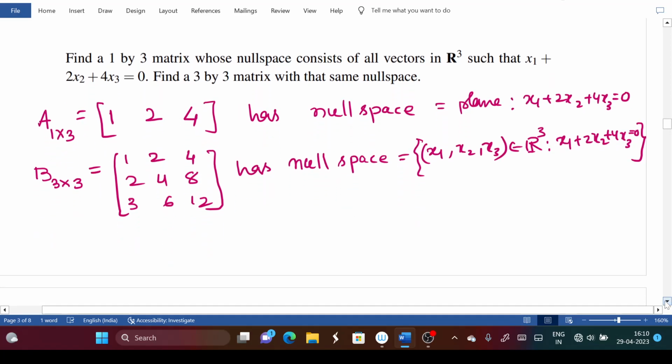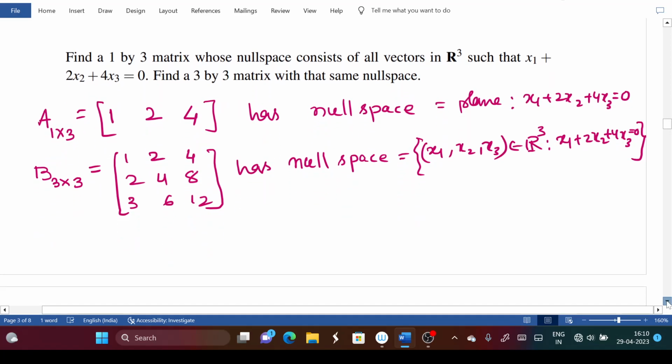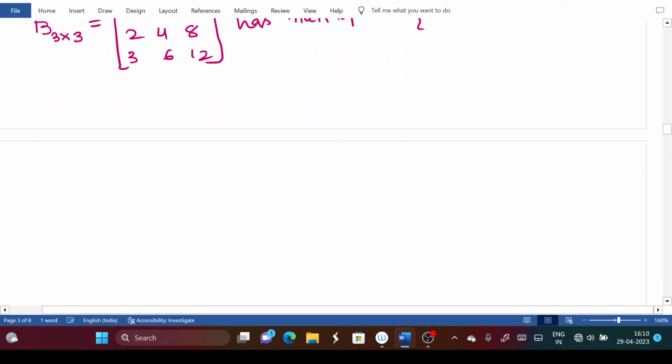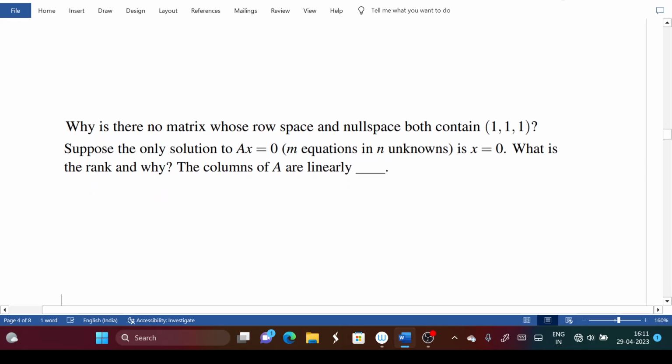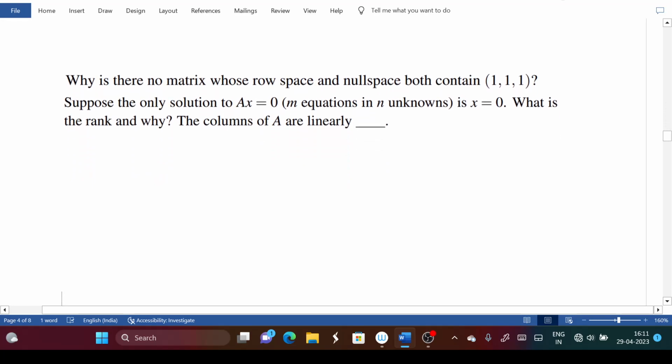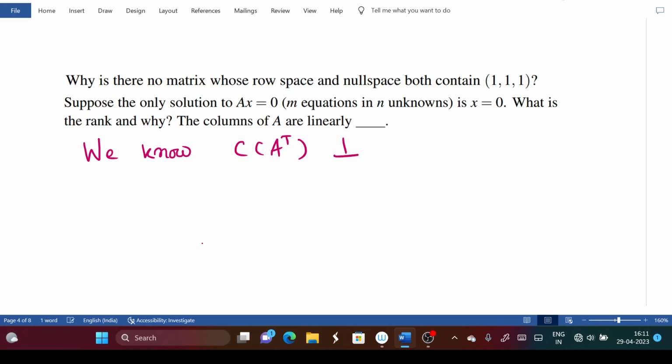Next part, why there is no matrix whose row space and null space contain this. We know the row space is orthogonal to the null space.